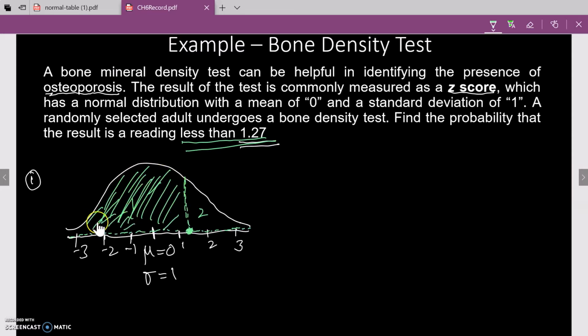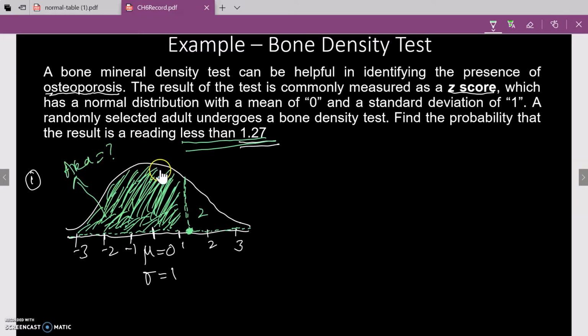So why am I shading this region, the one I'm doing in green now? The purpose is to draw the attention of the students to the area which needs to be calculated, the area to be found.